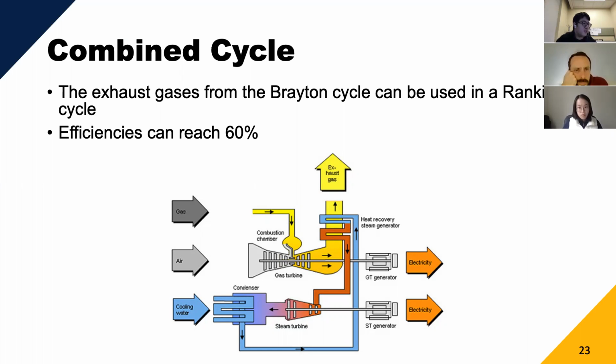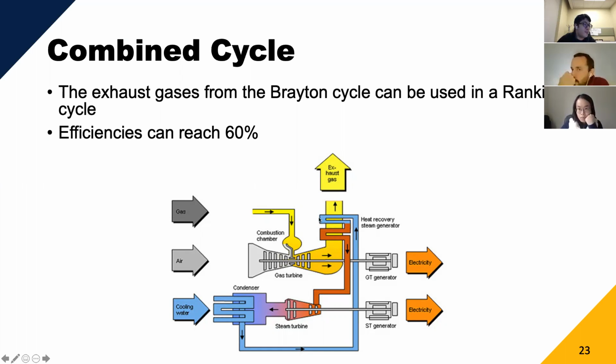So if we look at the gas turbine, it's exactly the same as before, except now you have this hot exhaust gas, which you can use to heat up water, right? So you can think of this as equivalent to the boiler in the coal plant.